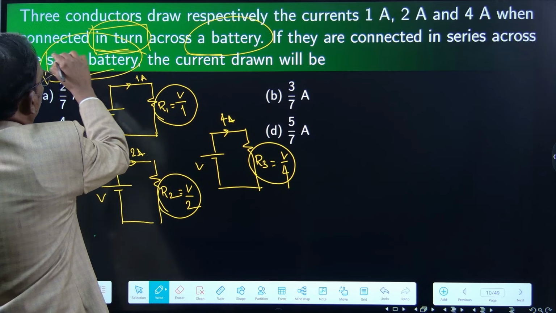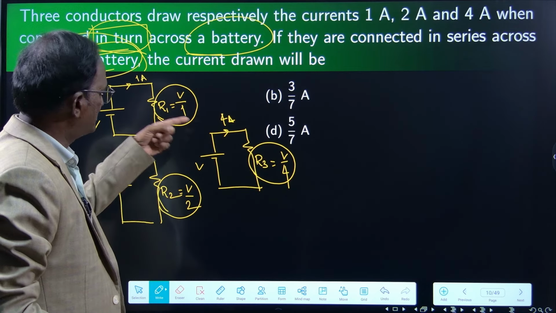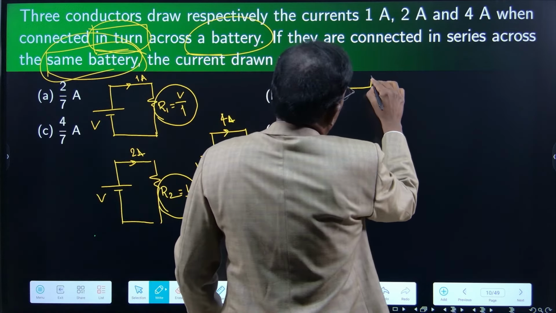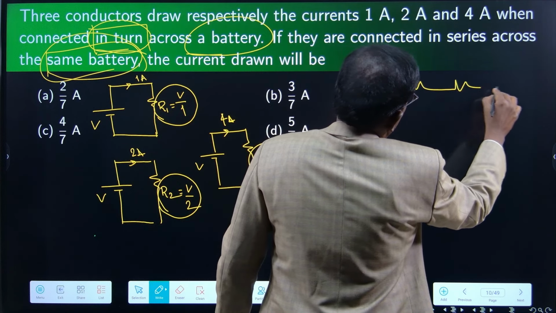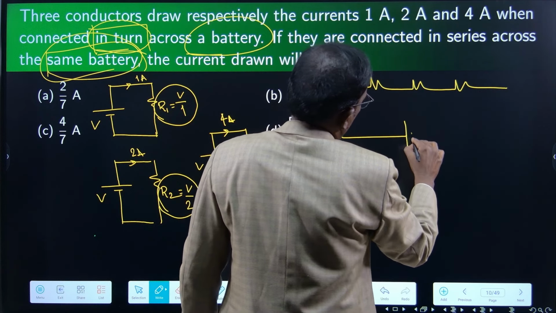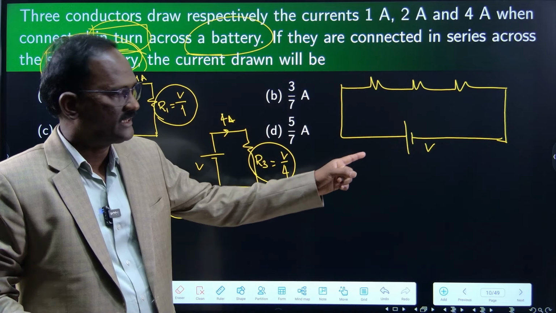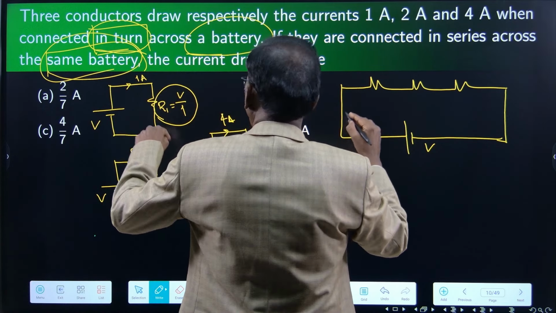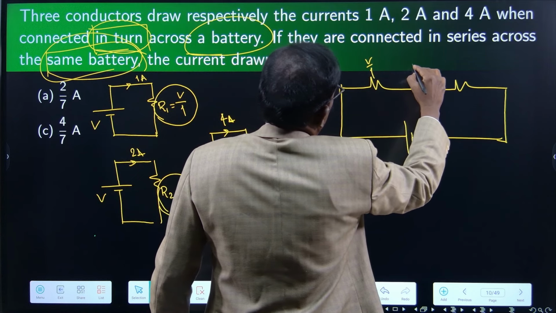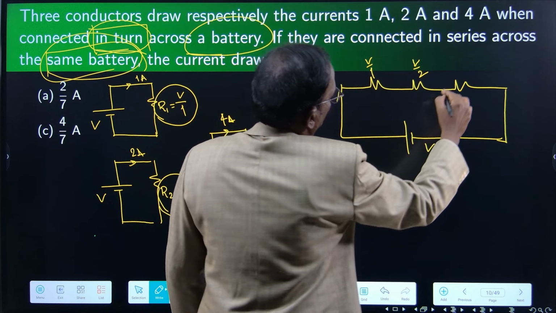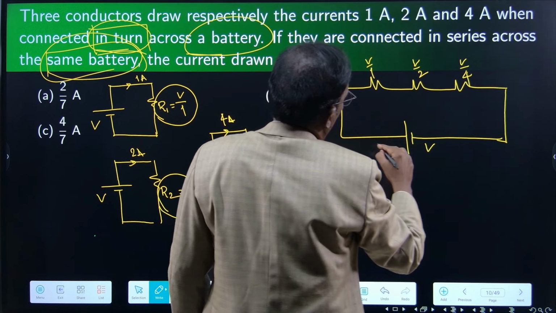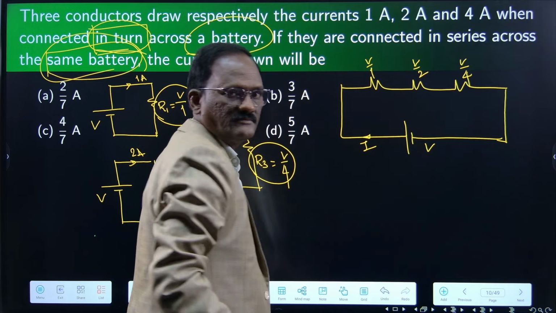Now all 3 conductors are put in series across the same battery. We have not changed the value of the battery V. So first conductor R1 is V by 1, this is V by 2, this is V by 4. What is the current?